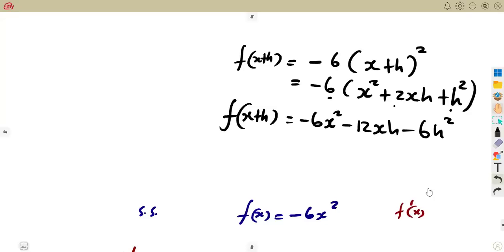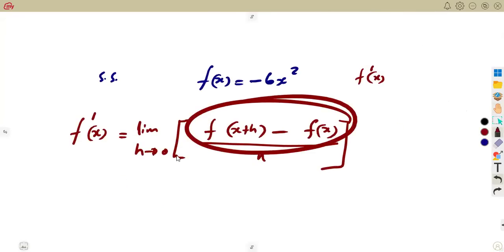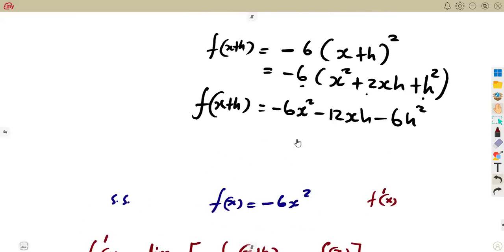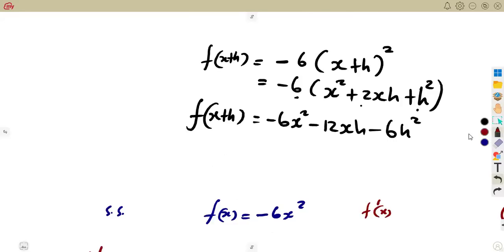On our formula, we need the difference. We can even find that, guys. Yes, you can substitute to say, okay, I have my f of x plus h here, then I can even simplify it here. f of x plus h minus f of x. Let's find it.